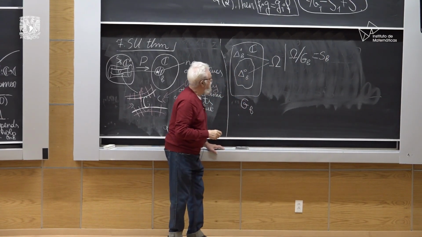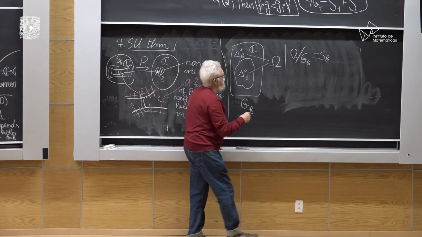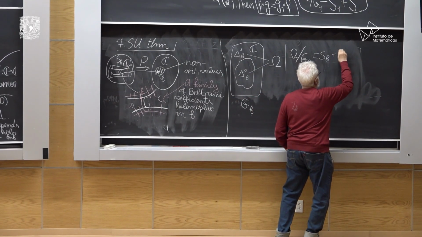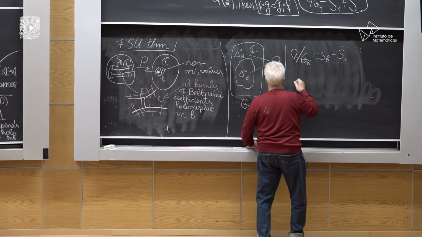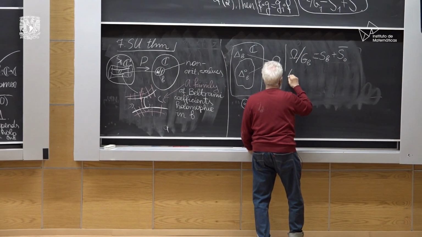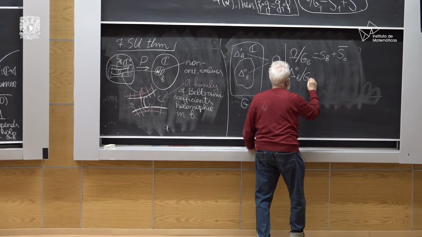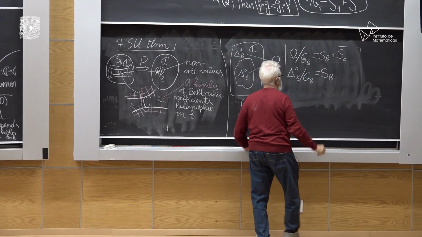And the map of the universal cover, so no, this is not SB, but this is SB plus S0 bar. And delta 0B over GB is exactly SB.